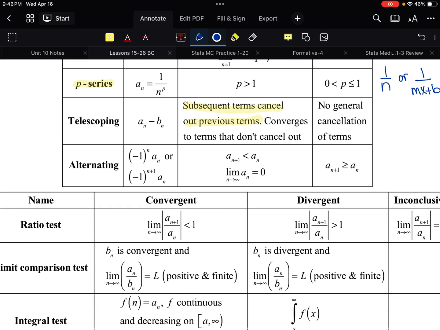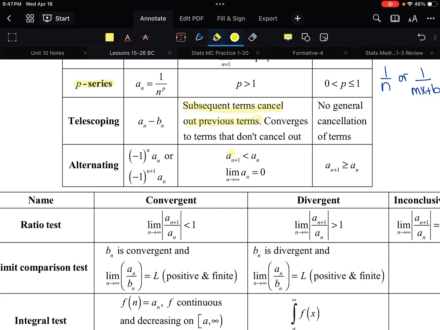Alternating signs. We see that in several different things, but the part that makes the signs flip back and forth is kind of irrelevant. It's not really about the sign of the number, it's about the absolute value of the number. And are the terms getting smaller?